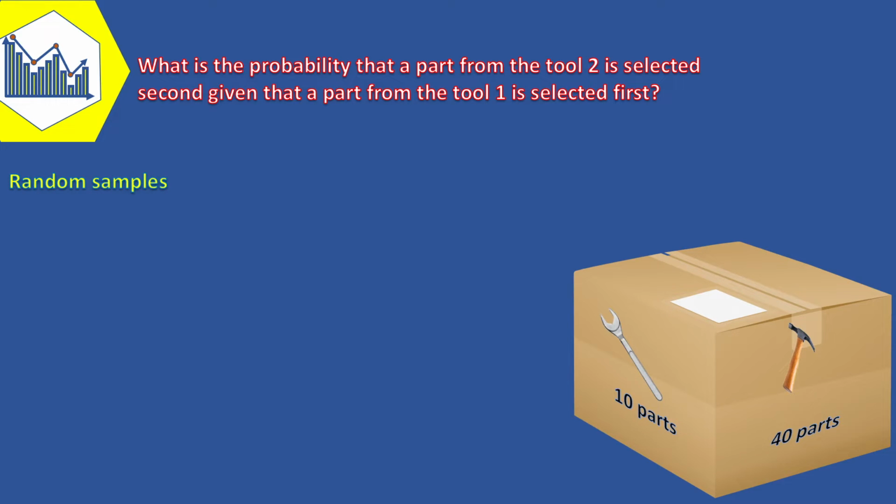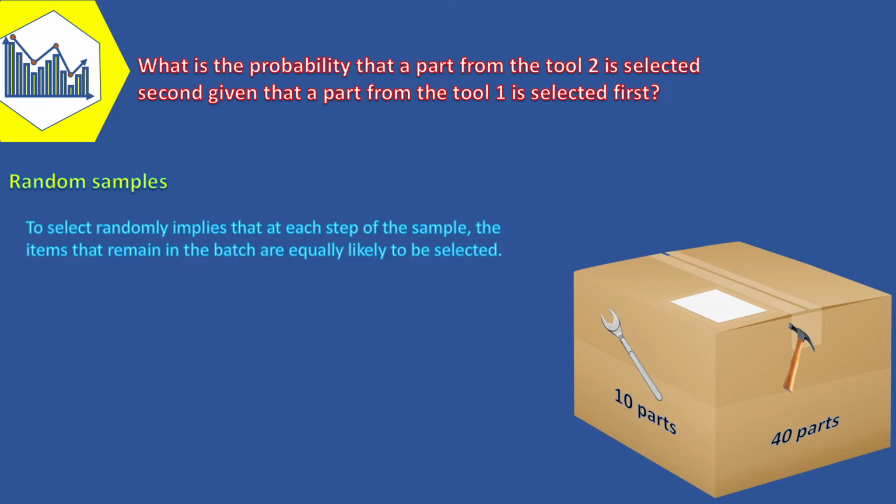The random sample says to select randomly implies that at each step of the sample, the items that remained in the batch are equally likely to be selected. So, if a part from tool number 1 were selected with the first pick, 49 items would remain, 9 from tool number 1 and 40 from tool number 2, and they would be equally likely to be picked.